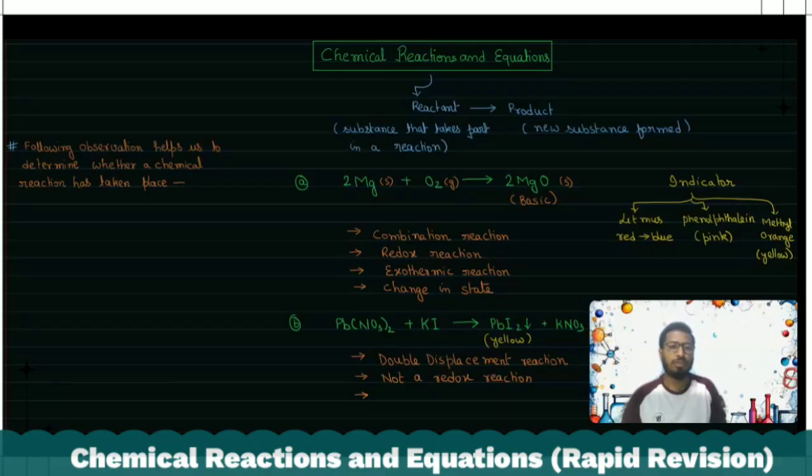So we can also write what type of reaction this is: this is a precipitation reaction. And what changes are we observing? Over here we are observing a change in color.